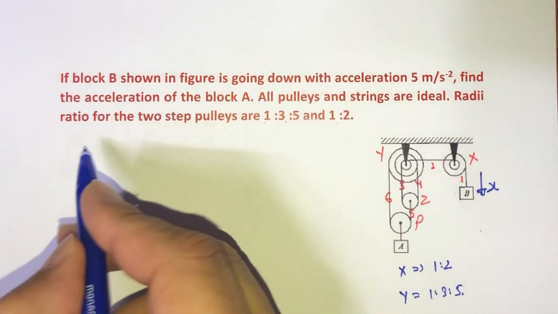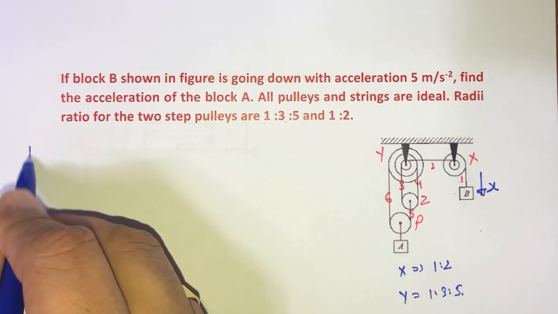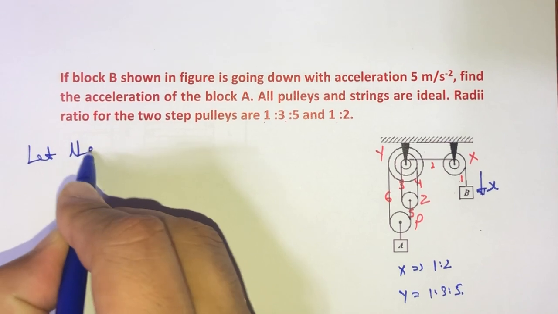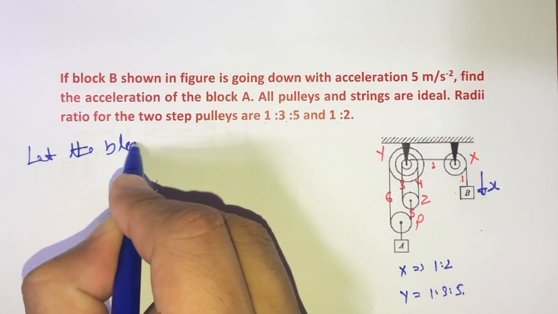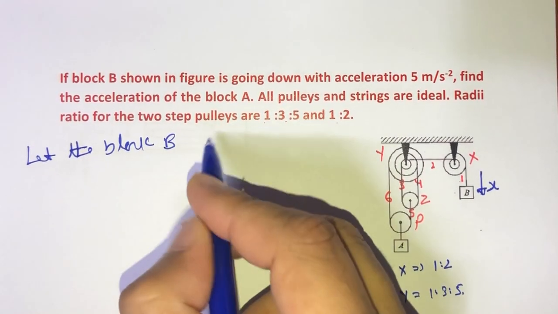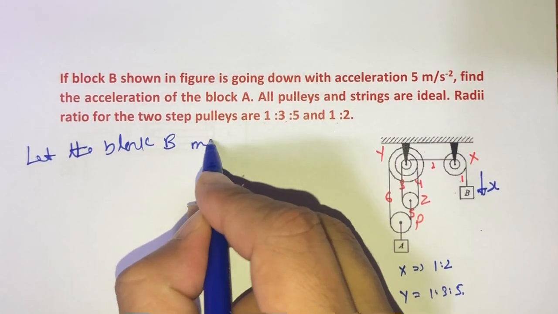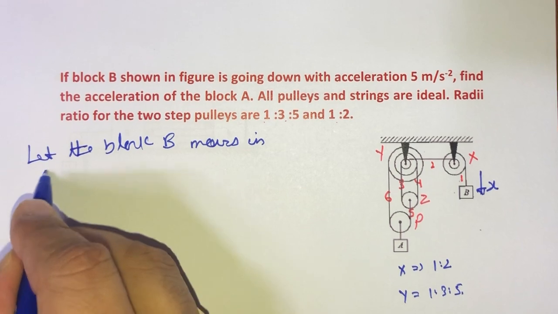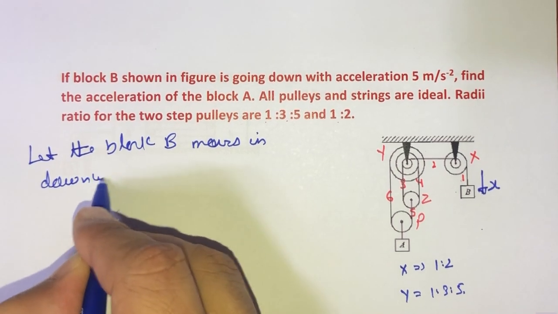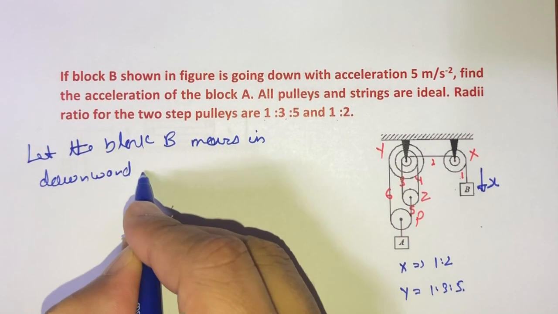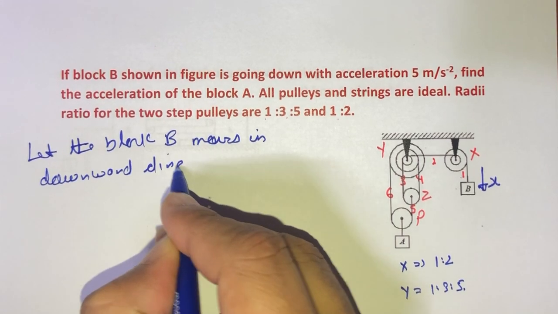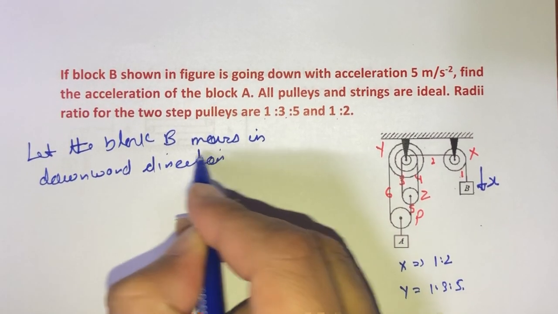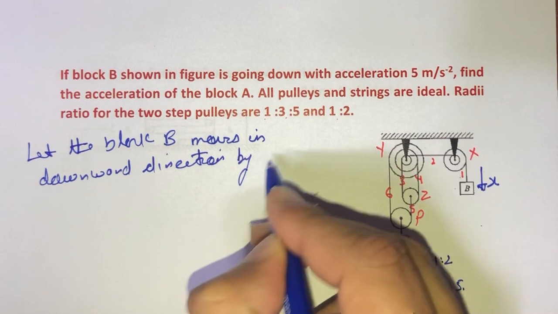So we say that let the block B move in downward direction by x.